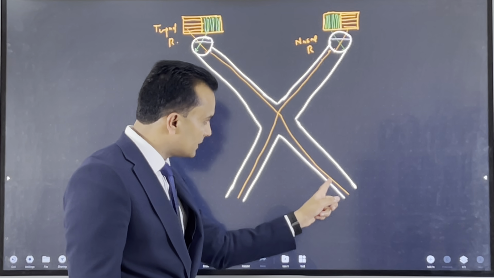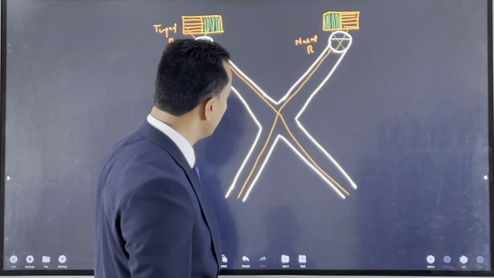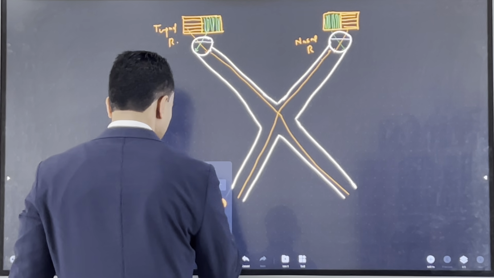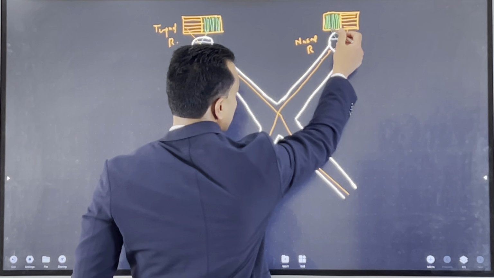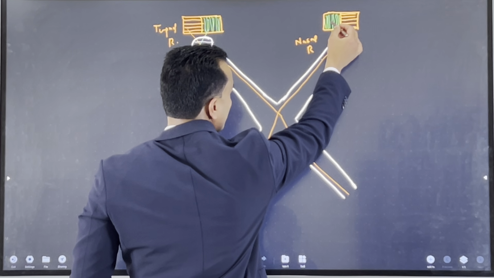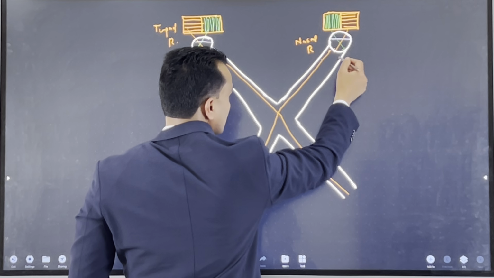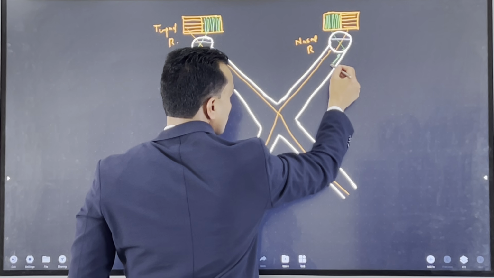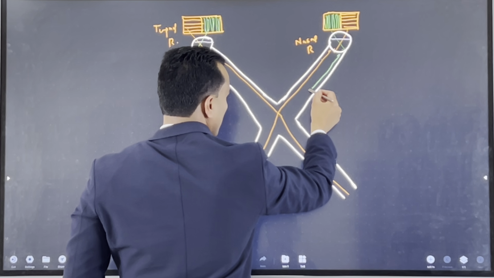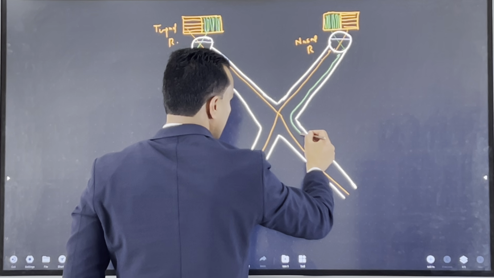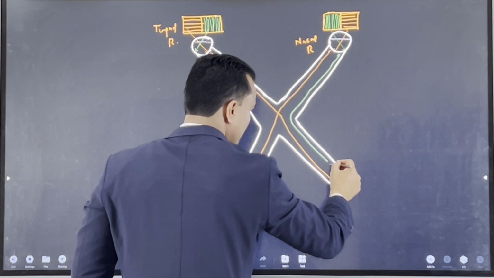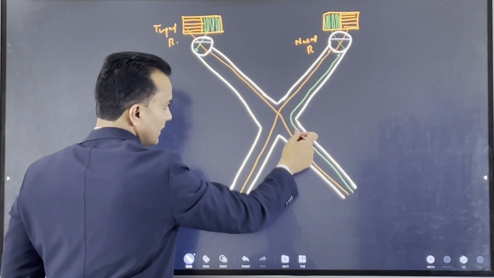So you can see this is the optic tract, this is the optic chiasma, and this is your optic nerve. And the light from the nasal visual field area enters and continues as the temporal part of the optic nerve, and it's not crossing at the optic chiasma, it enters the ipsilateral optic tract. As you can see, it's not crossing.